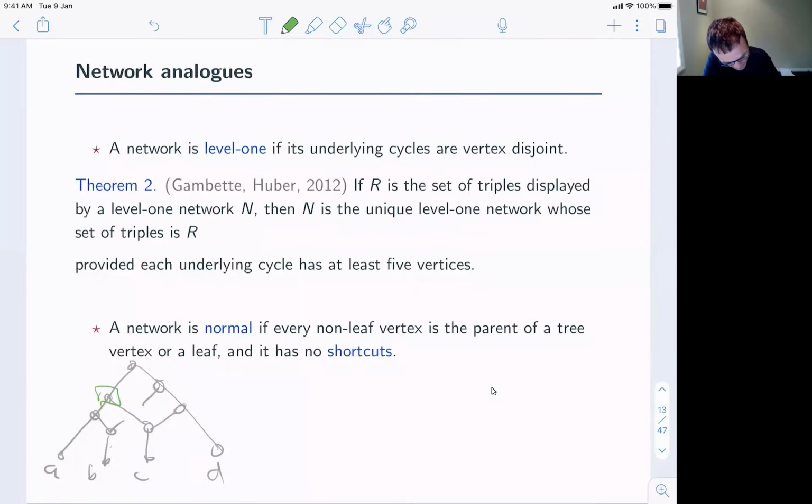Right, and so because a normal network, if it's got k reticulations, has 2 to the k trees, then that means the number of trees I need to give me the uniqueness result grows with the size of N. Unlike, for example, Philippe's and Caddy's theorem, which doesn't grow with the size of N because you're just looking at triples, induced trees on 3 leaves.